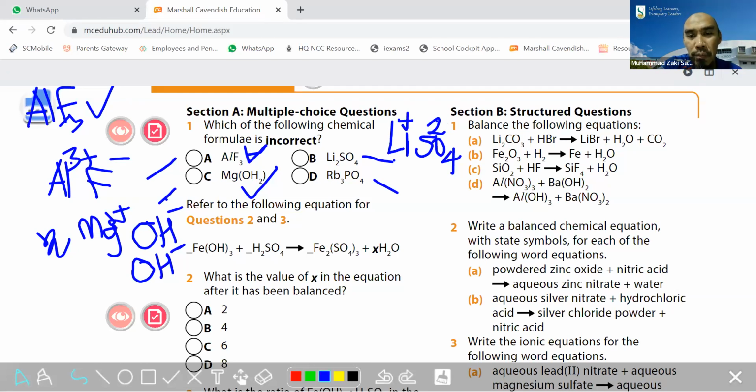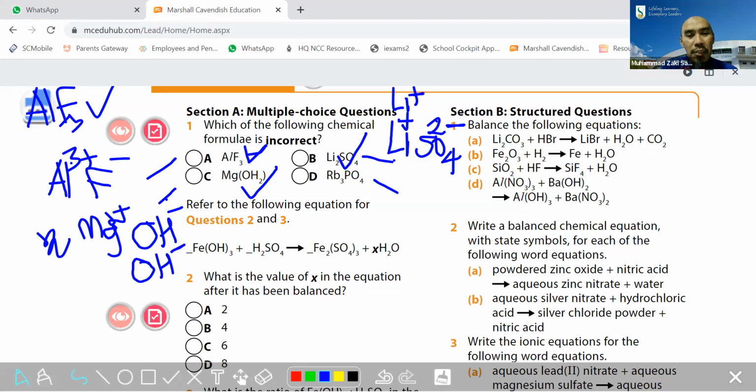So again, we need 2 lithium ions to balance up the charge, so Li plus. Yes, this is correct.